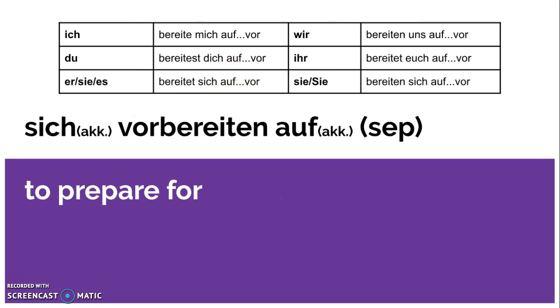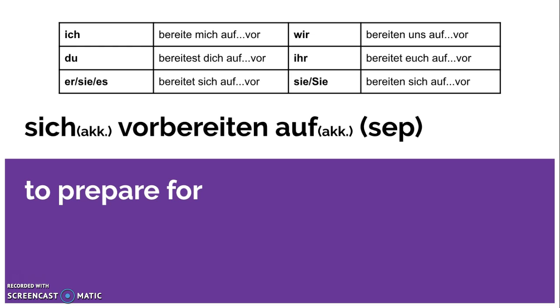Sich vorbereiten auf. Another reflexive and separable verb with a preposition. So this is pretty complicated here. Sich, the reflexive, is also accusative. Vorbereiten is separated. And auf is the preposition requiring the accusative case. So to prepare for. Whatever you're preparing for comes after auf in the accusative case.